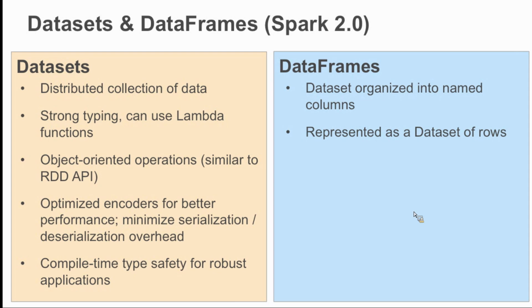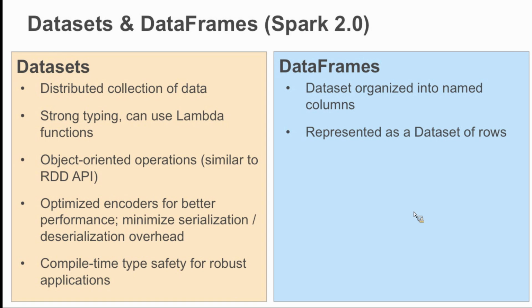Datasets and DataFrames are, of course, classes, and so objects from those classes have a variety of methods that are available to operate on those distributed datasets. Optimizing coders help to minimize the overhead associated with serialization and deserialization. And there's a bunch of compile time type safety to make applications more robust.